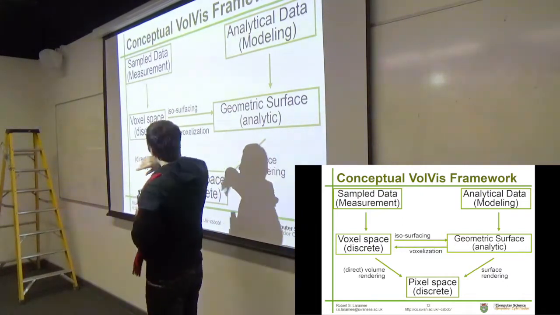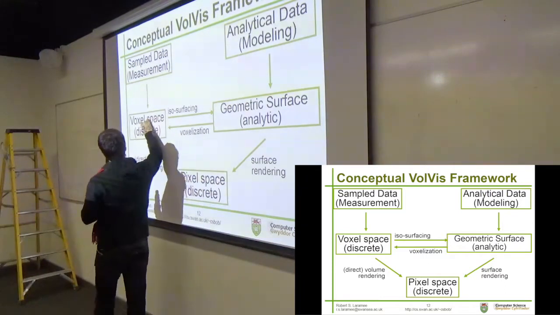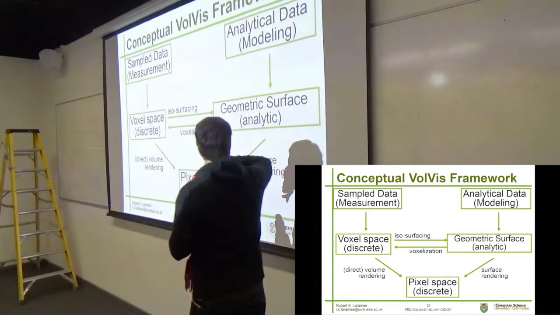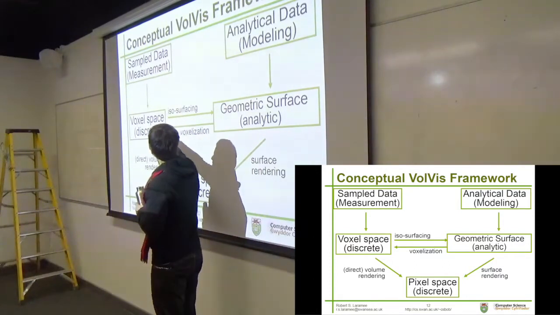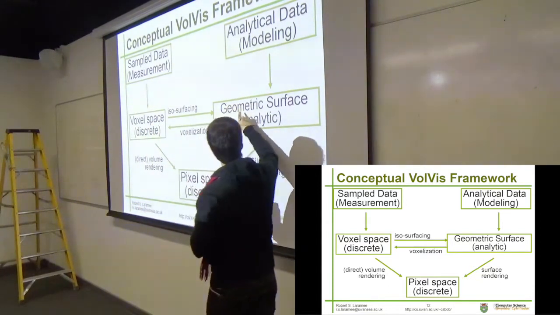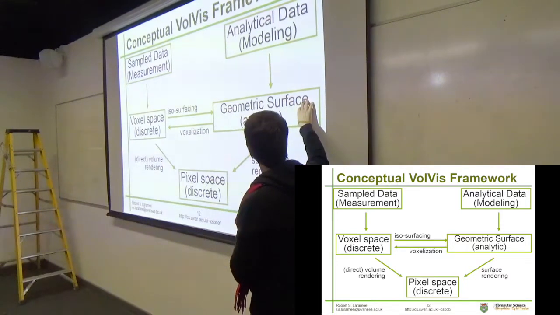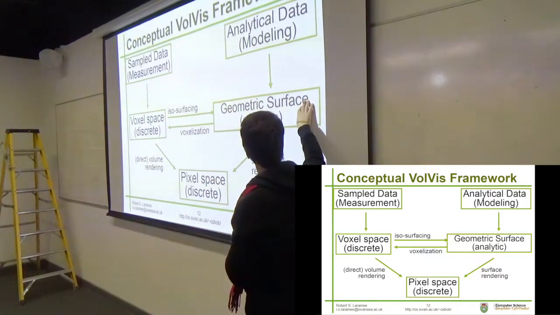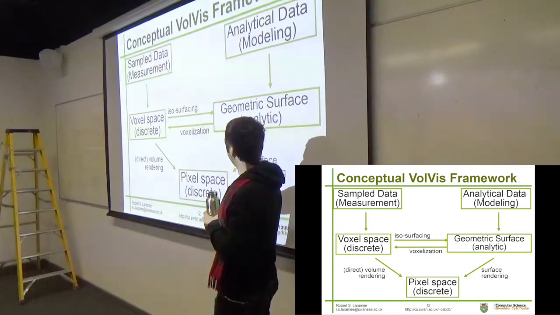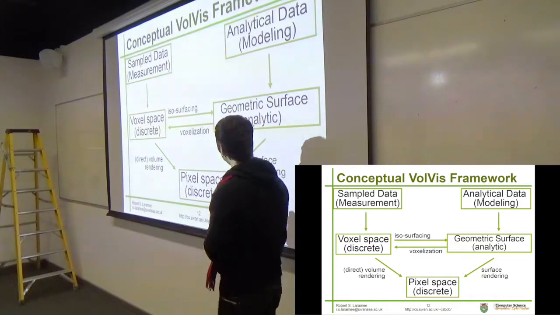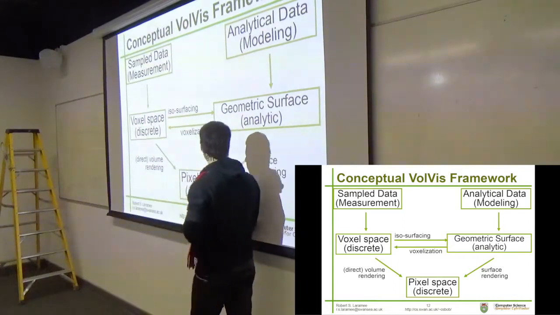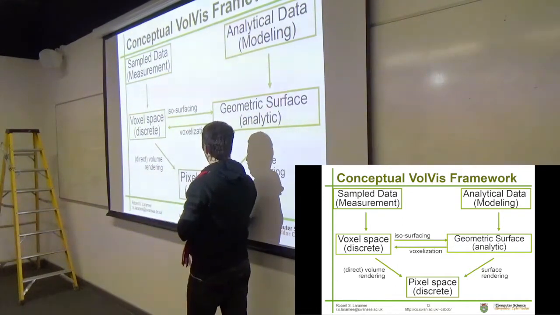And then we can store that as a set of voxels and call it voxel space. From there, we can extract surfaces. Remember, voxels are cubes. We can extract surfaces and represent something in geometric space as a set of triangles, and then perform a surface rendering. Or we can go directly from voxel space to pixel space, which is also rendering.